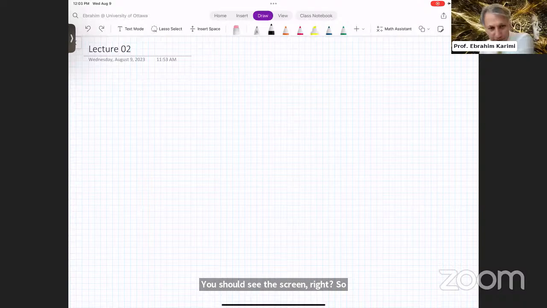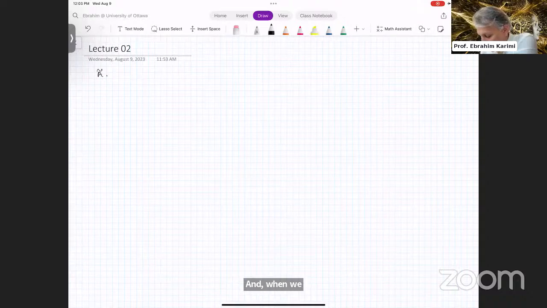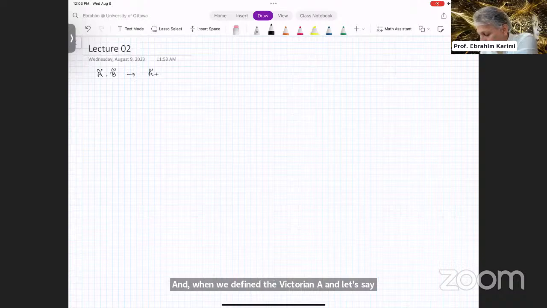Yesterday we introduced vector space, and mainly we used the three-dimensional formalism. When we define a vector A and a vector B, we say how to sum them up.